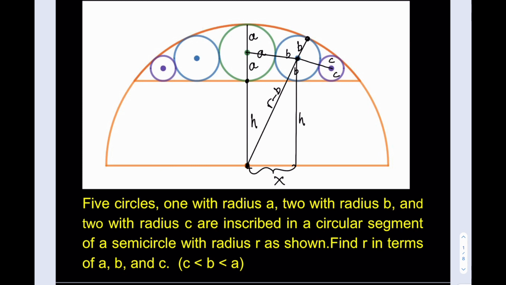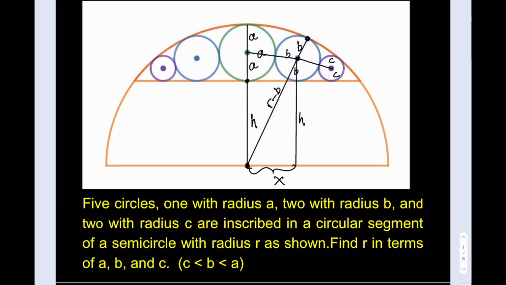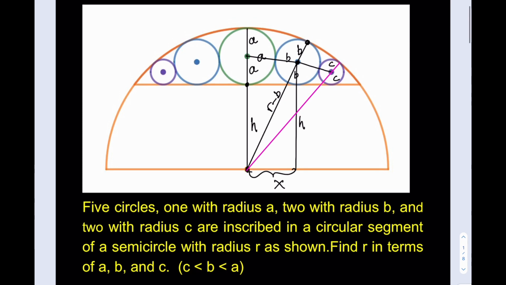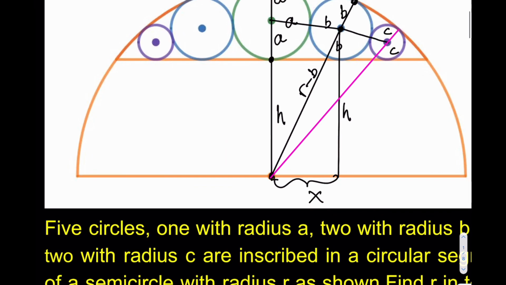So here's the thing. I want to make the connection from center to center. So I should go this way. And I kind of want to change colors here. Let me use a different color to make it less confusing. So I'm going to connect like this, right? Awesome. Now what do we have?